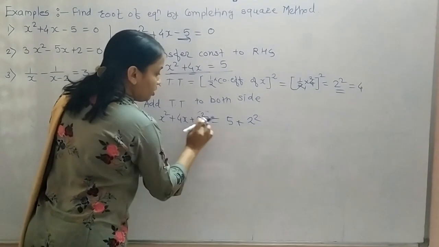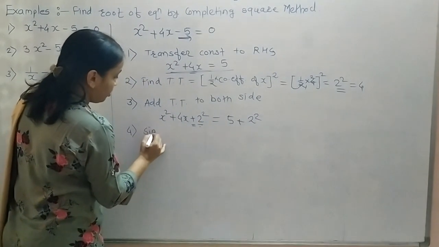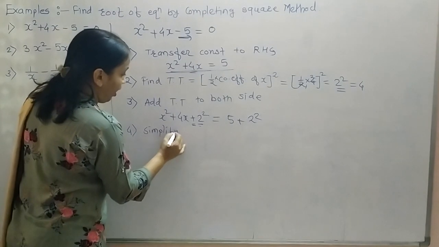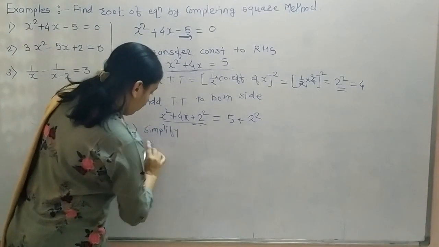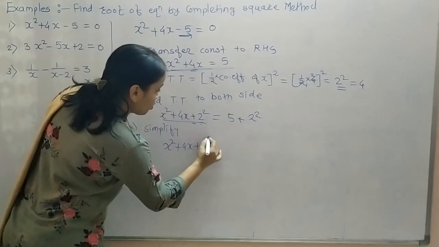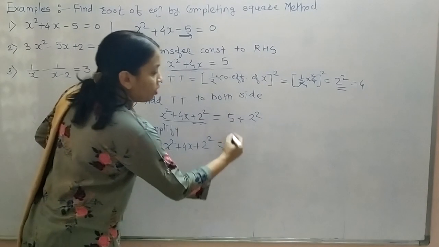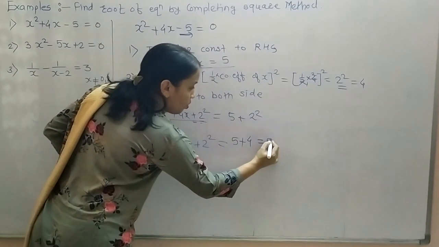Now let's simplify. If you simplify this, x square plus 4x plus 2 square is equal to 5 plus 2 square, which is 4, that is equal to 9.